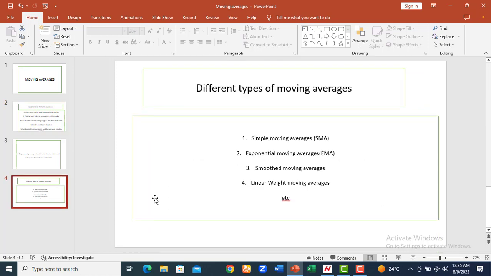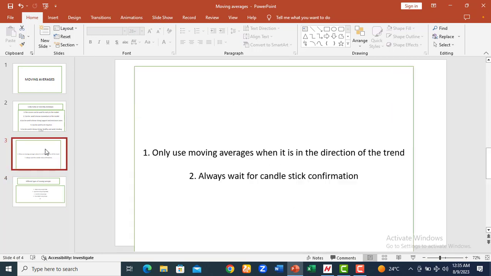I also talked about different types of moving averages: simple moving averages, exponential moving averages, smoothed moving averages, linear moving averages. I talked about a whole lot of things. I also gave conditions to use it very well. Only use moving averages when it is in the direction of the trend.